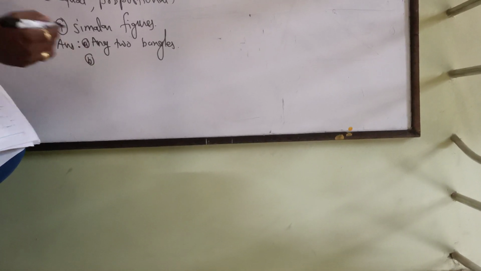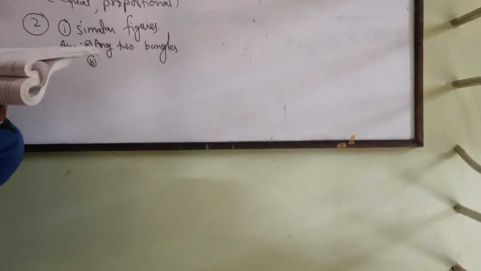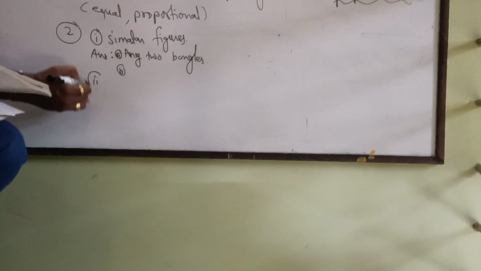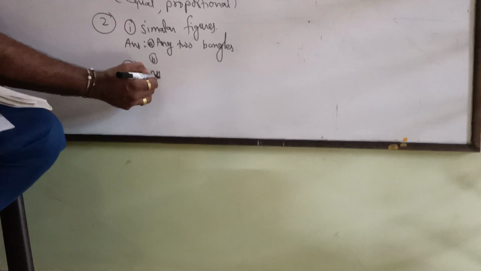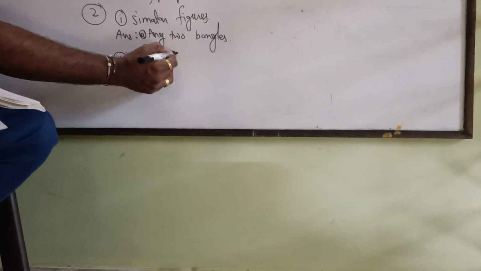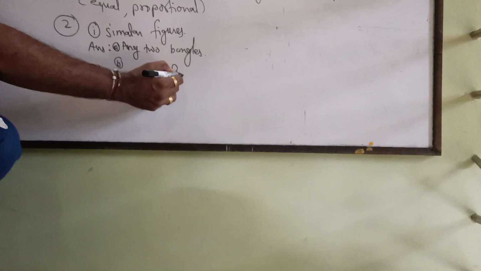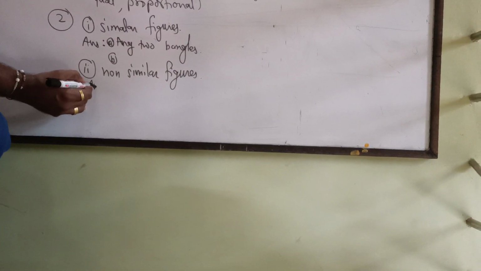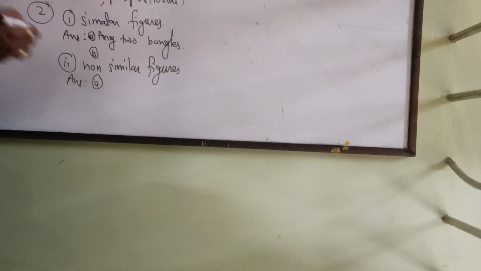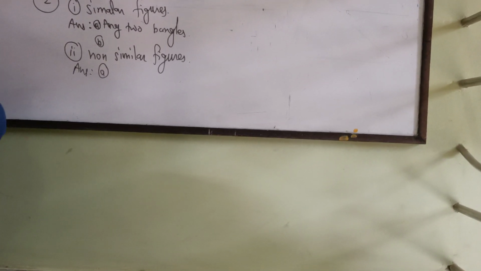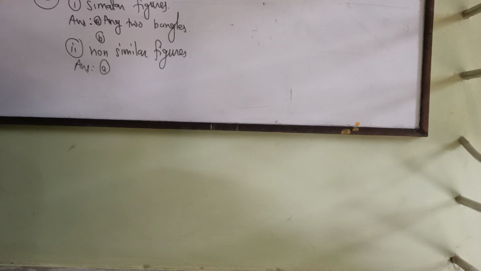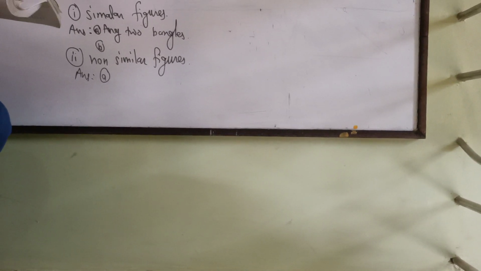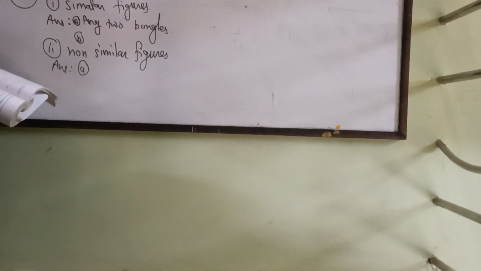The second one you will think and write. Second one is homework for you. Now in the second part, non-similar figures. Here also, I hope you will write the second pair. I will do one for you. Non-similar figures, friends, you can give any polygons as example here.